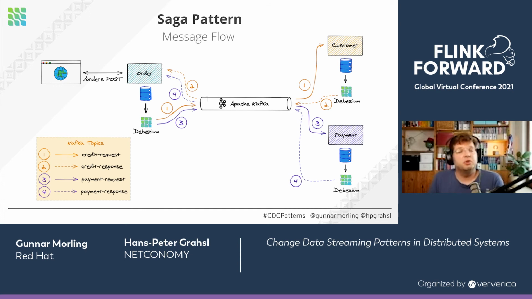So the idea is we would use the Outbox pattern in each of those services for implementing this messaging flow. So if our order system receives the order placement request, it would persist the order in its local database, and then it would send a message to this customer service using its own local outbox. So there would be no direct, no synchronous coupling between order and customer. Customer would do the same.